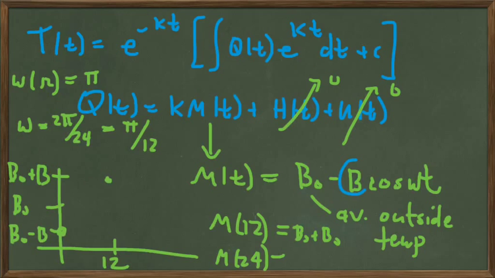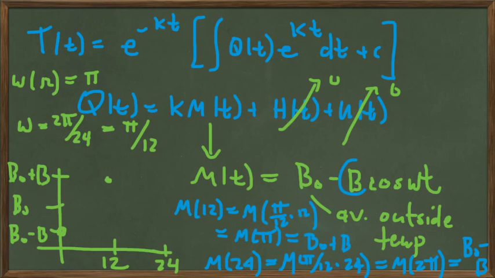M of 24 is m of pi over 12 times 24, m of 2 pi, which is b0 minus b. So we're back where we started at 24 hours. So the outside temperature graph looks like this.